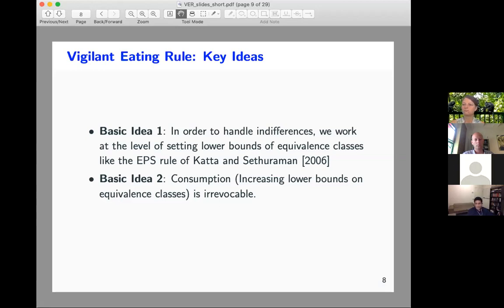The second basic idea also directly follows from the original rule, which is that consumption is irrevocable, which means that once a lower bound has been set on an agent getting certain items, that lower bound can only increase and never decrease. These two ideas one can try to use directly to handle all kinds of feasibility constraints, but what we noticed was that there were a few challenges that were encountered.